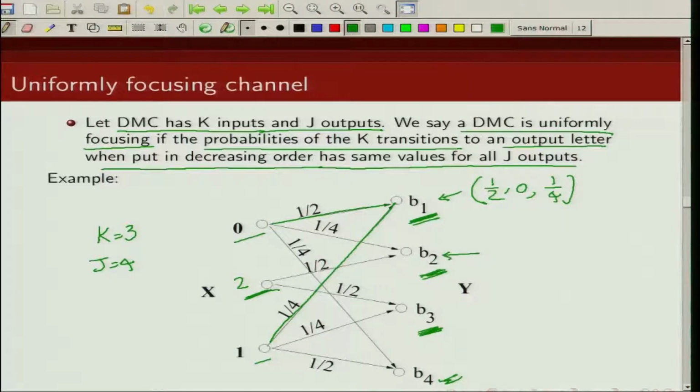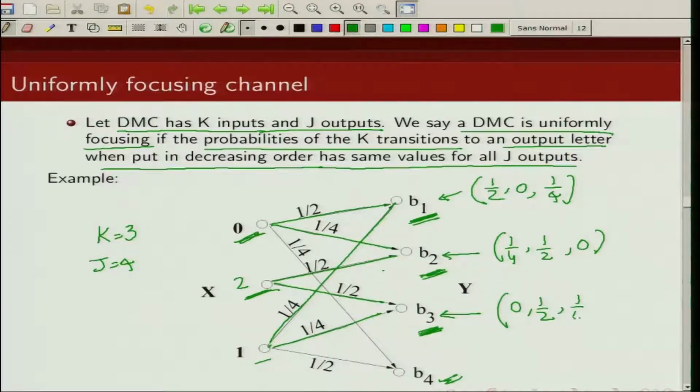Look at this particular output. Transition from input 0 has probability 1 by 4, transition from here has probability half, and from here it is 0. There is no transition. Similarly for B3, there is no transition from input 0, from this input the transition probability is half, and from this input it is 1 by 4.